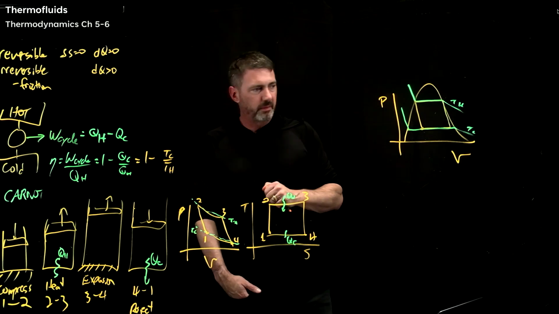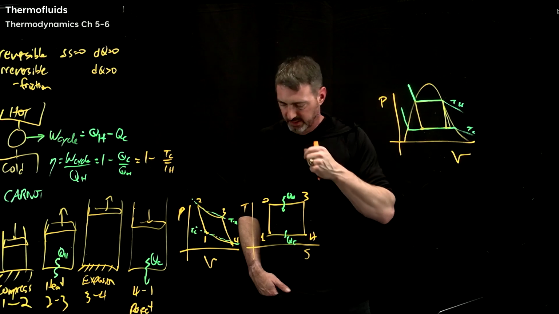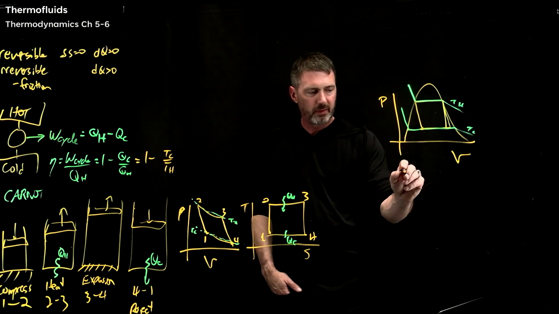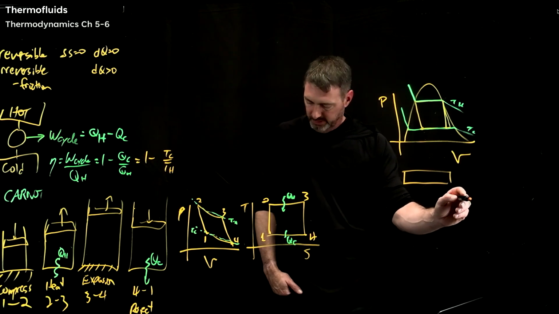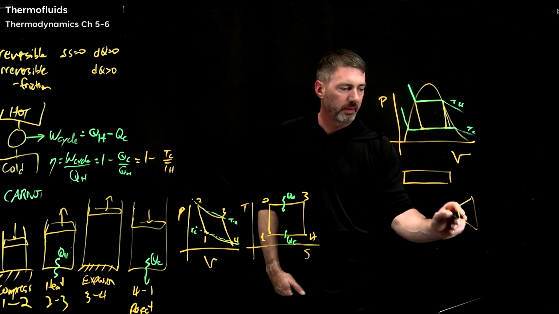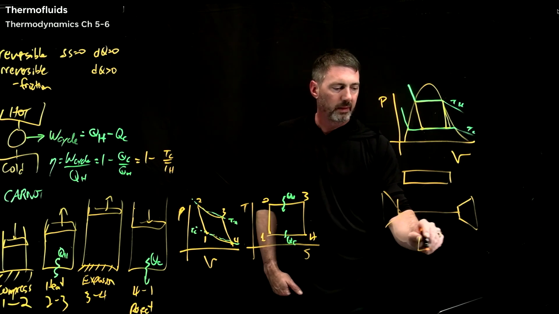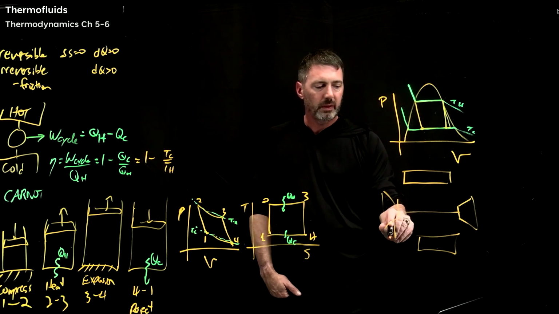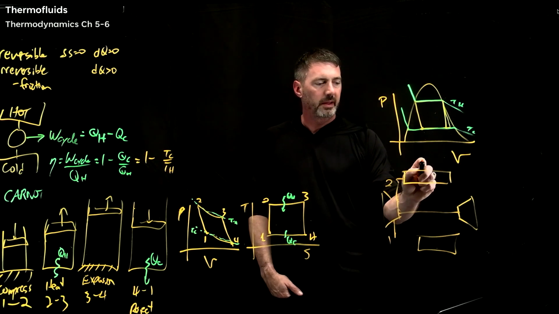A couple of the challenges there, right? If you actually tried to build this, a couple of challenges, and I'll draw what this looks like, okay? So here would be a turbine. The turbine's going to drive a compressor. And so going this way, 1 to 2, this is your compression. And then here's where that Q heat is going to come in.